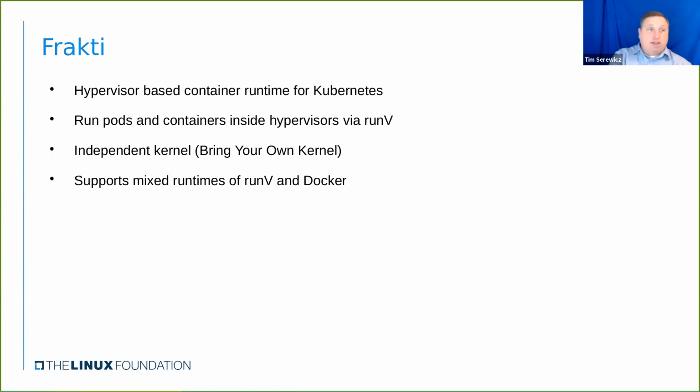So you could have runv running and Docker. If you're in a production environment and you're thinking, okay, looks like Docker's not going to be the Linux engine anymore, let's start running runv. We'll keep Docker over here, and runv there, and we'll compare and contrast. Which one's better for us? Is it worth using? Do we go or do we stay? It gives you those options to work with.